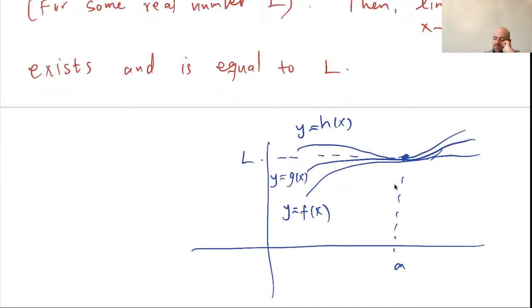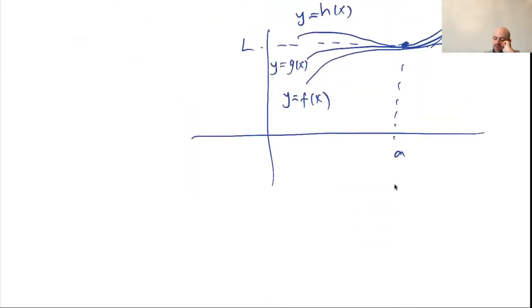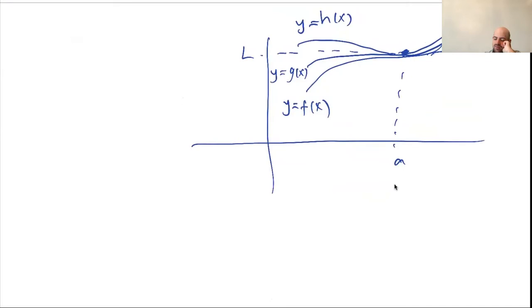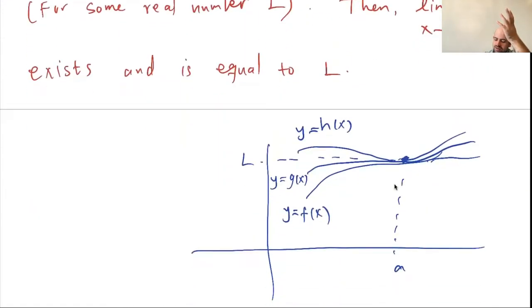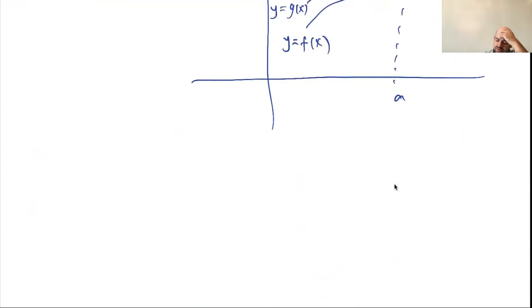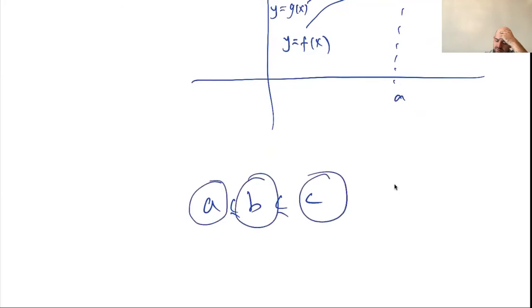But I can give you the idea of what this theorem is about. For numbers this is obvious. If I delete the limits from this theorem, it becomes almost obvious. Say you have three numbers A, B, and C, and A is less than or equal to B, and B is less than or equal to C. So you have a smaller number, then a middle number, then a bigger number.